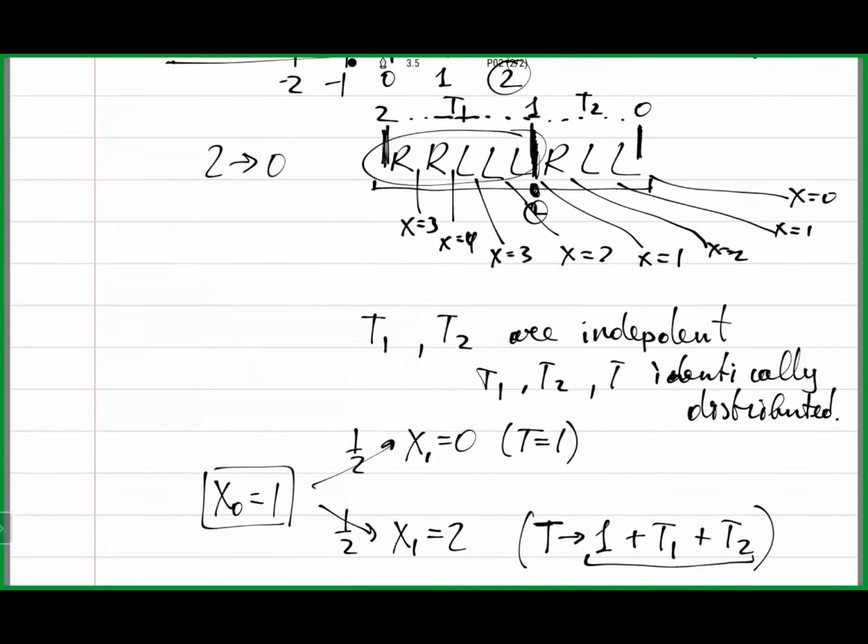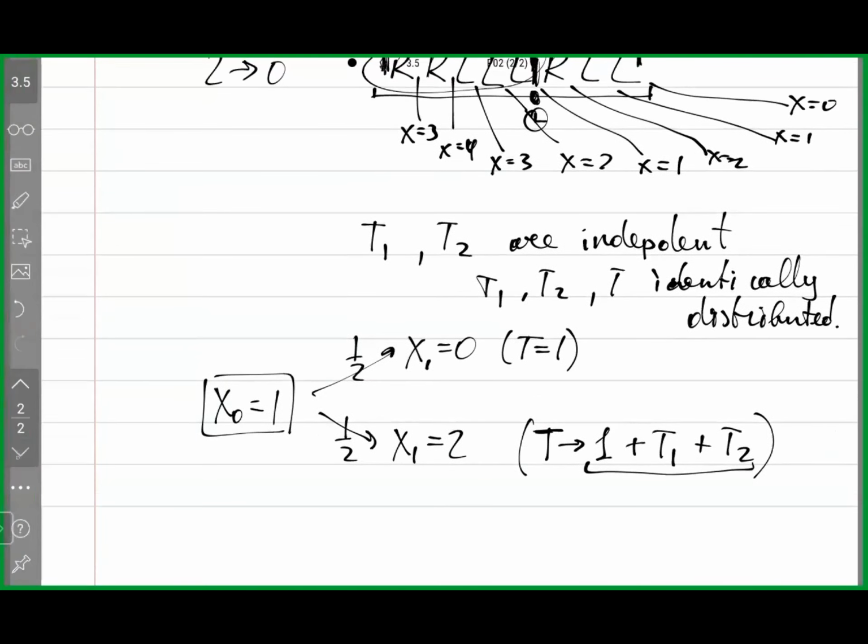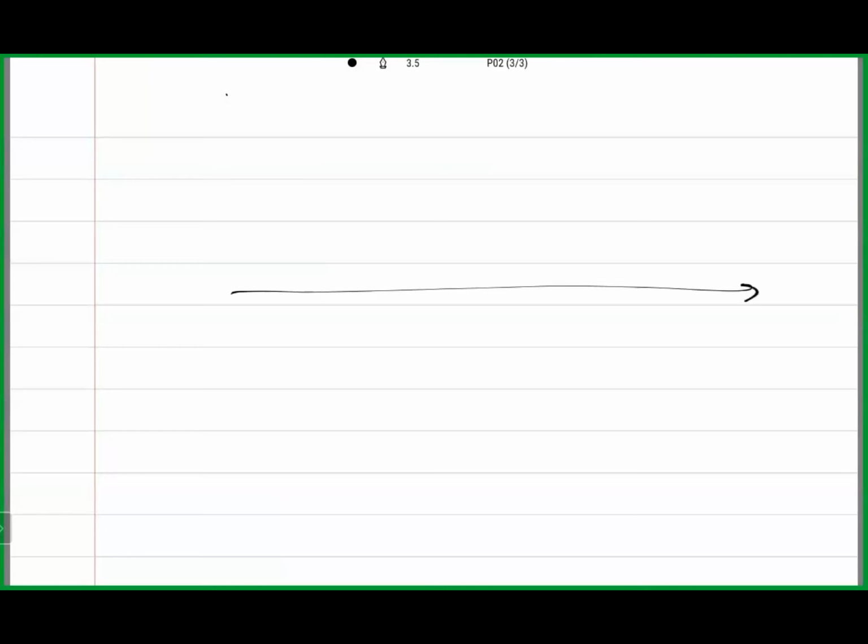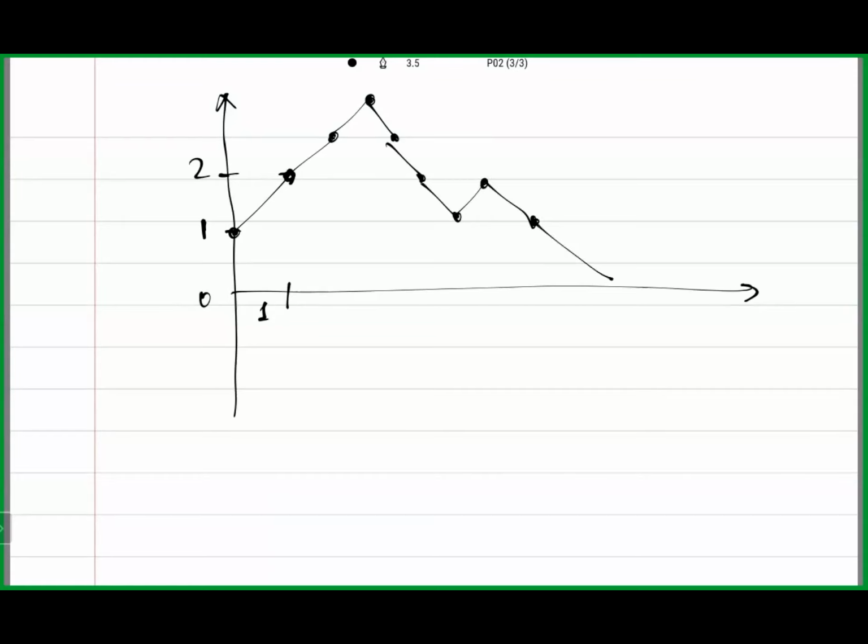Okay, let me draw the picture. Imagine you go up. Then you have made one move. Then you go up, up, down, down, up, down, down.